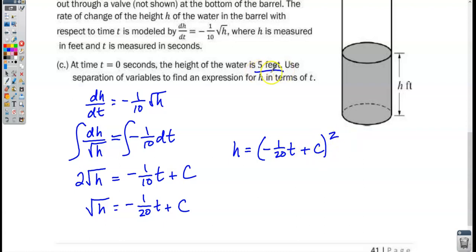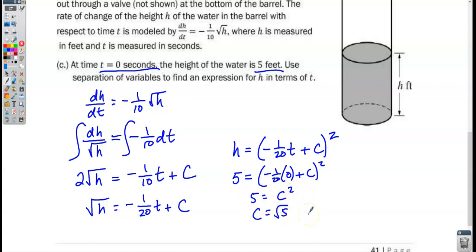I substitute 5 in for h when t is 0, so we end up with 5 is equal to the quantity negative 1/20th times 0 plus c, quantity squared. So 5 is equal to c squared. So c is the square root of 5. And therefore, I go back and I substitute that c back in here.